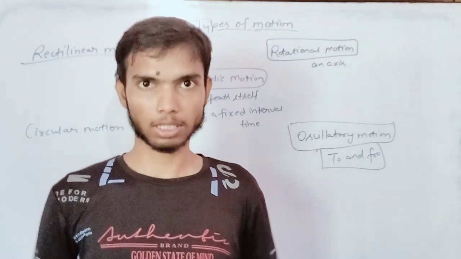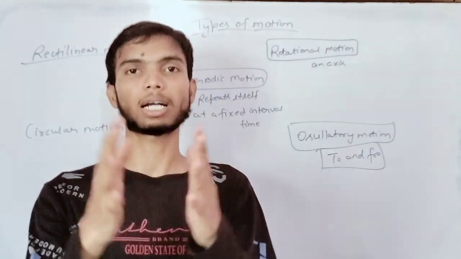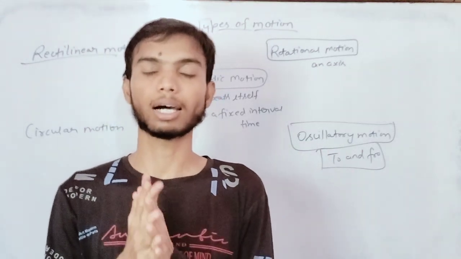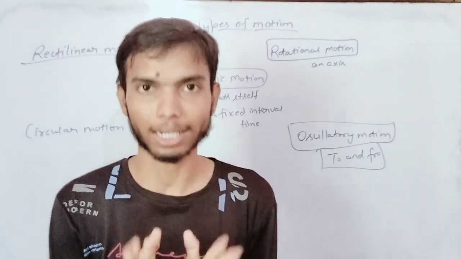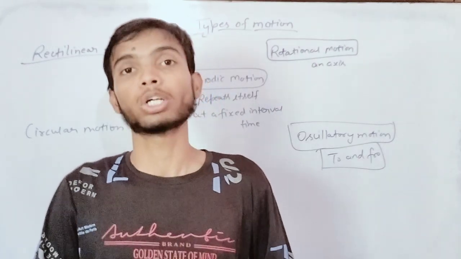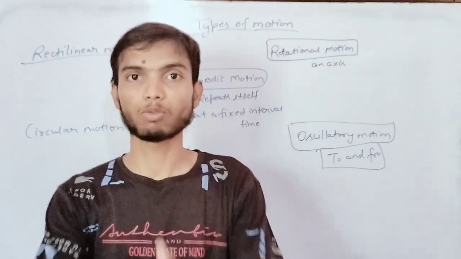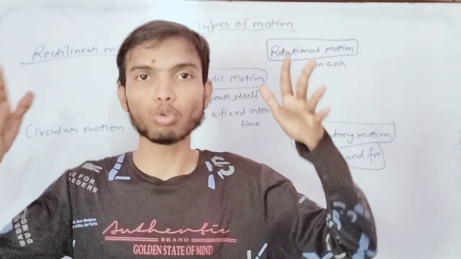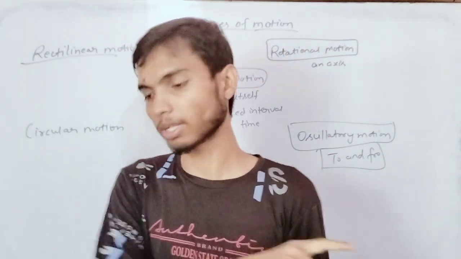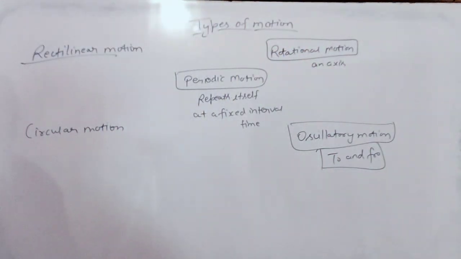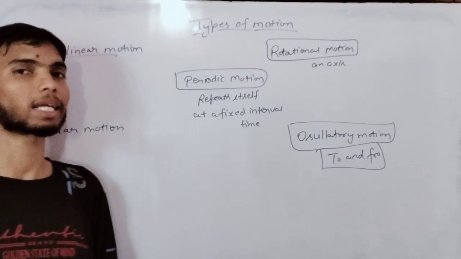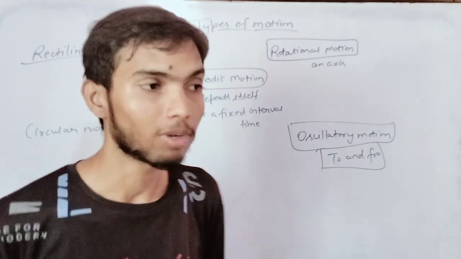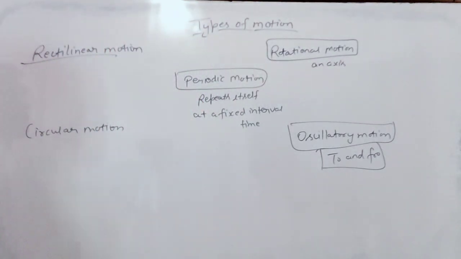If two objects are moving in a straight direction, we would say the motion of those objects is rectilinear motion. Three objects can move in a straight direction, and the motion of those objects will also be considered rectilinear motion. So rectilinear motion is motion in which an object moves in a straight line, in a straight direction.